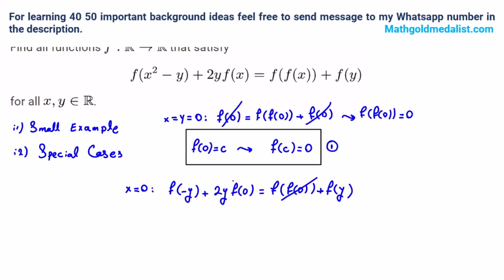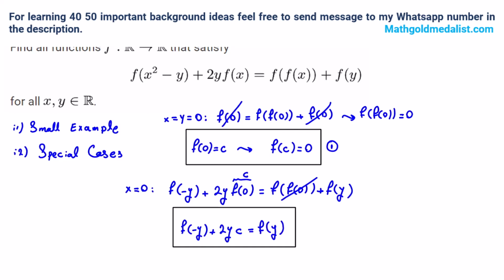So we can cancel this. f of 0 is c. Why can we cancel this? Because of this. So we can say f of -y plus 2yc is equal to f of y. Okay. Let's put a box around this, second important result.